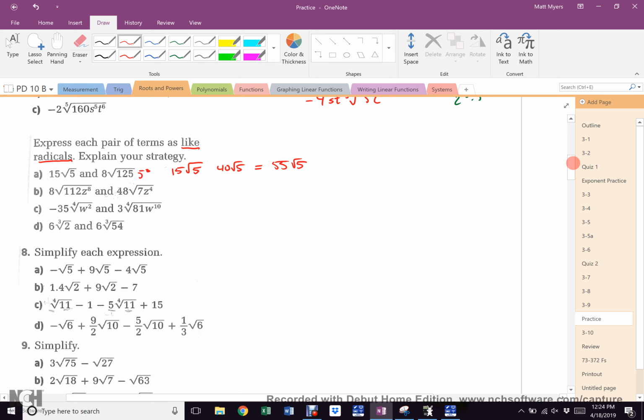Anything from number 8? Shouldn't be, because it's just like doing -x plus 9x minus 4x, correct? So the answer is, of course, 4x, but it's not 4x, it's 4 root 5. Yes?